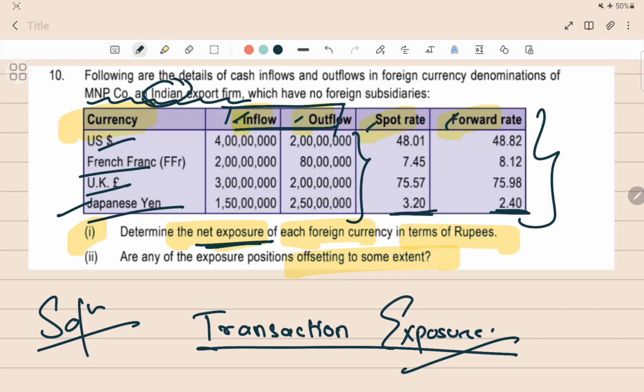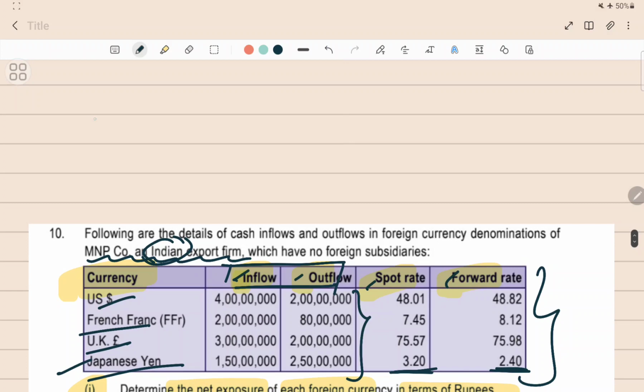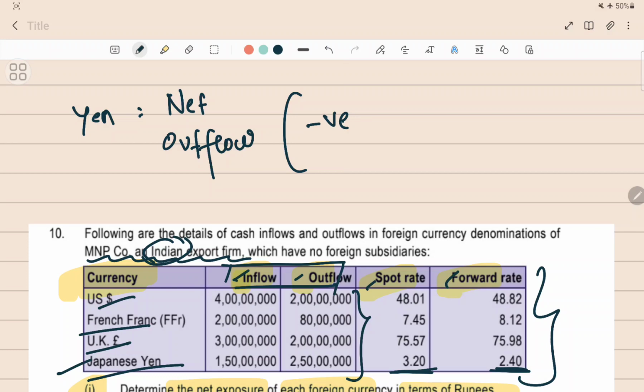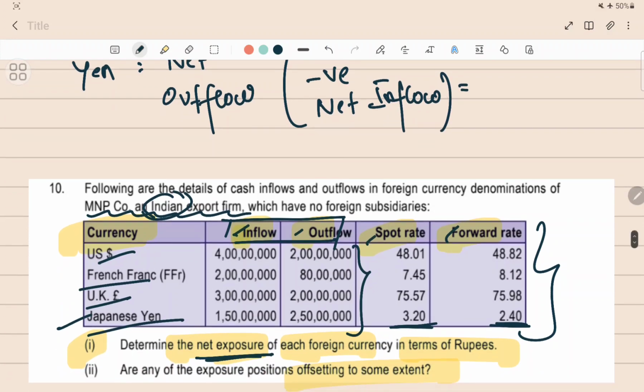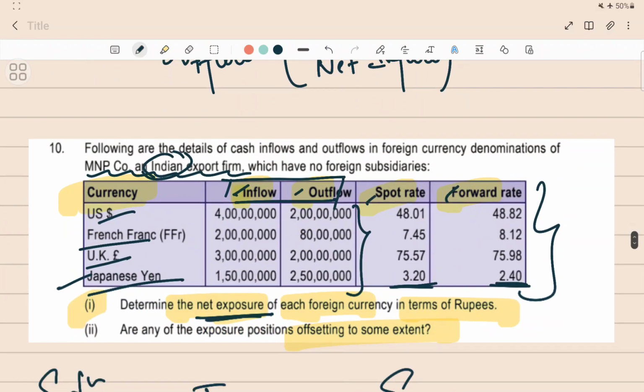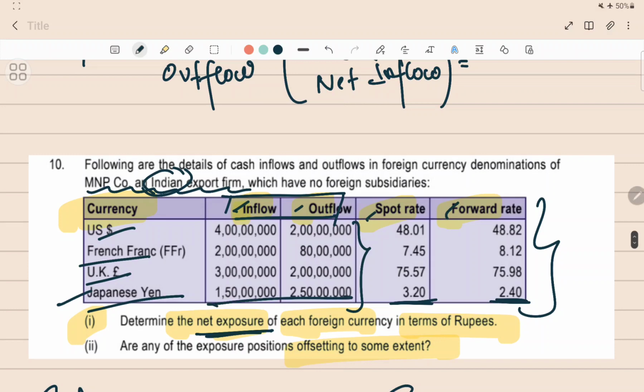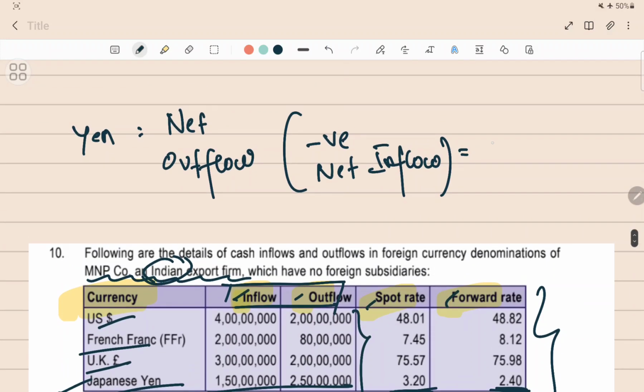Let's solve the Japanese yen. First of all, it's a net outflow, or since we've taken everything as inflow, we could say negative net inflow, which is 2.5 crore minus 1.5 crore, 10 million.